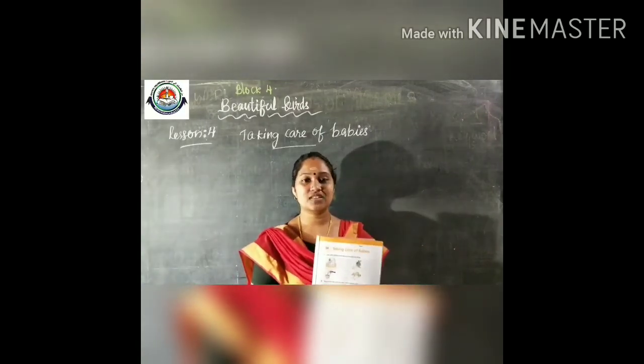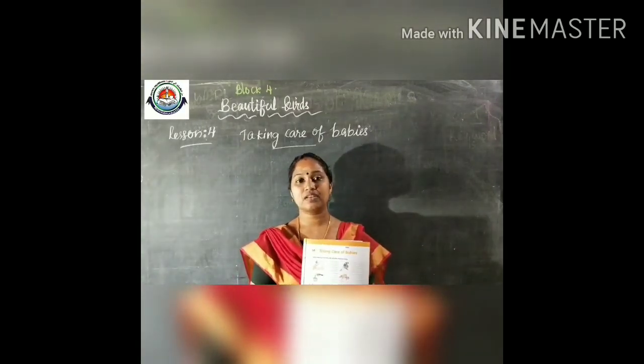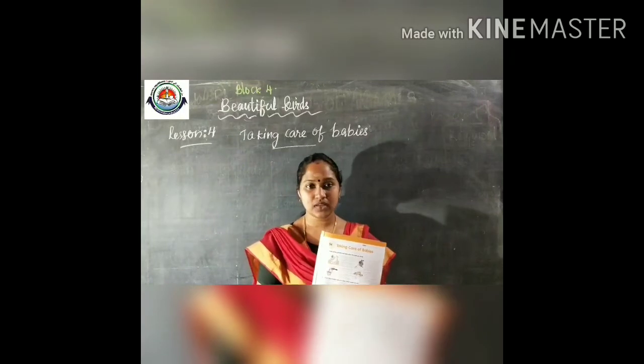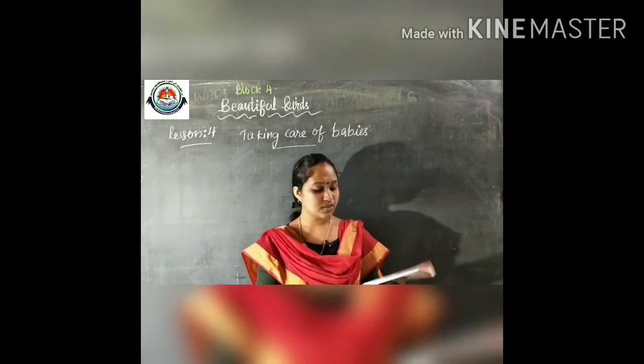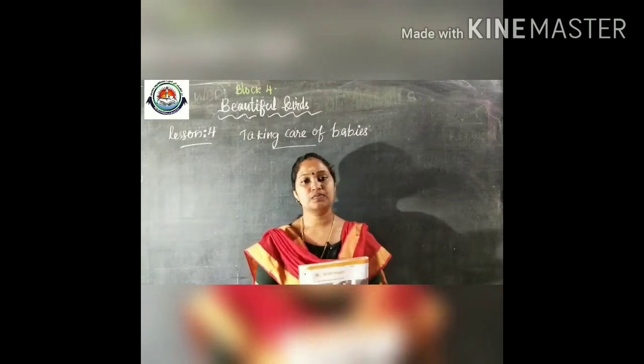Children, the first question we did already. You know how to do. Okay, write it in 2-3 sentences. And the next question, the second question, if you had to take care of a chick, what would you do?